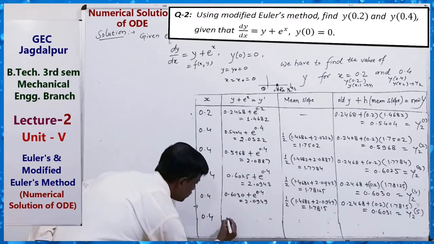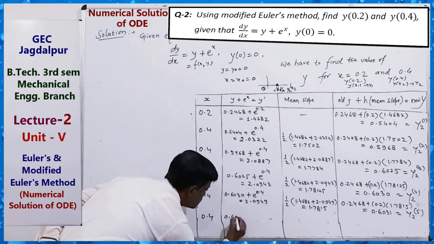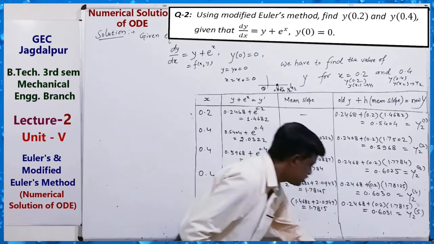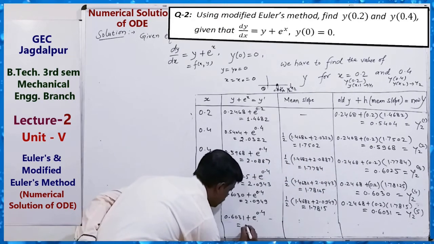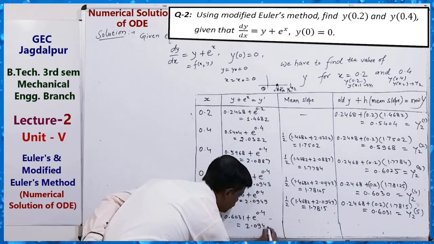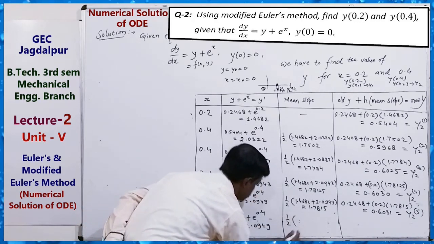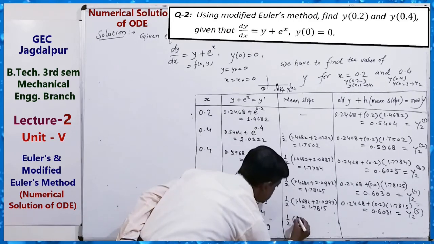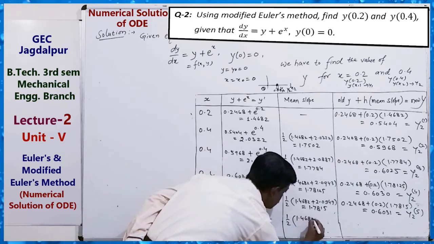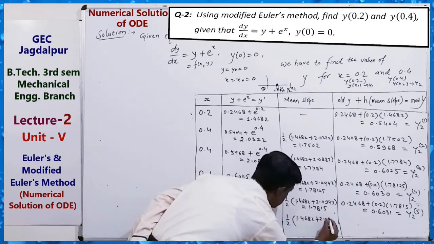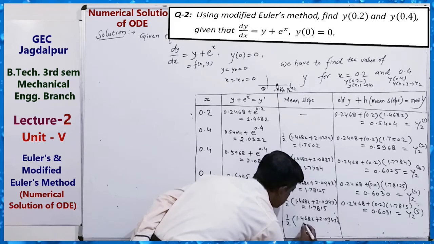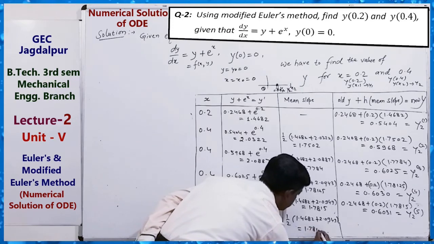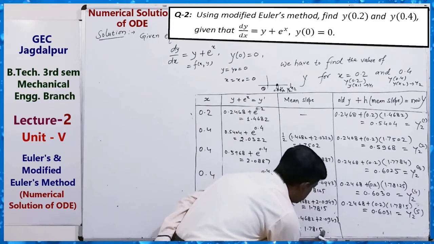Just repeat this process also. 0.6031 plus e to the power 0.4 is equal to, it can be solved, 2.0949. Here also half of this, this plus this by 2. So 1.4682 plus 2.0949 by 2. This can be calculated: 1.7815.